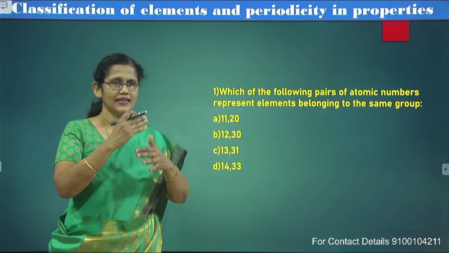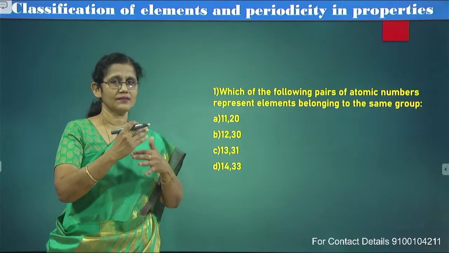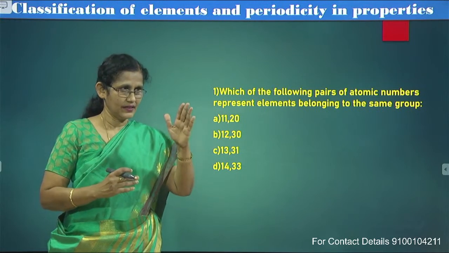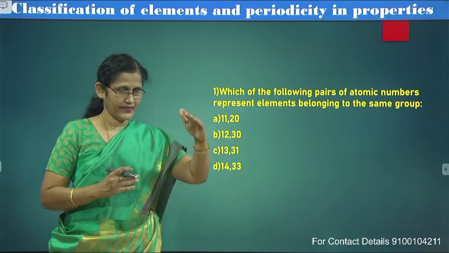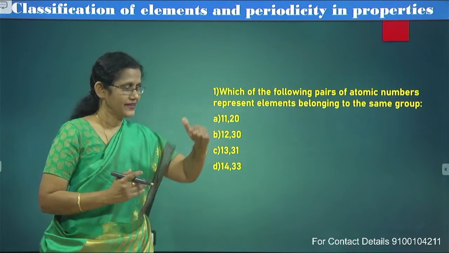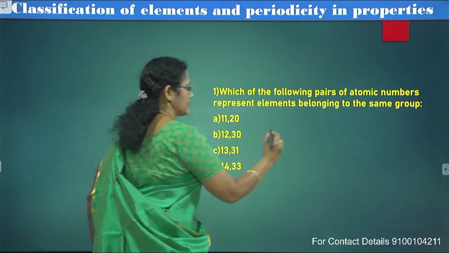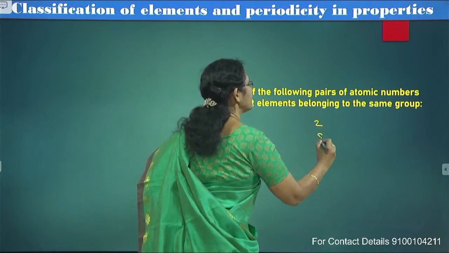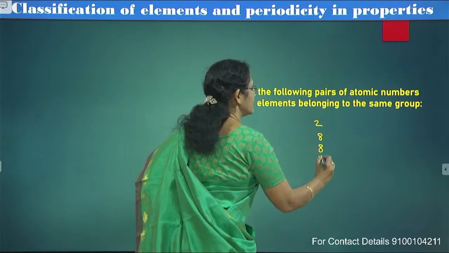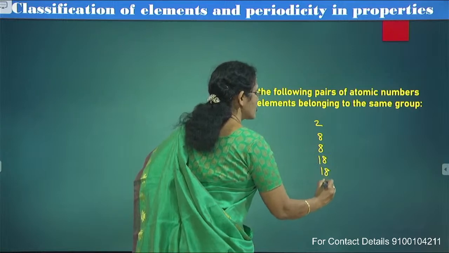In the previous classes we discussed the number of elements in each period: first period 2 elements, second period 8 elements, third period 8, fourth period 18, and it goes on.